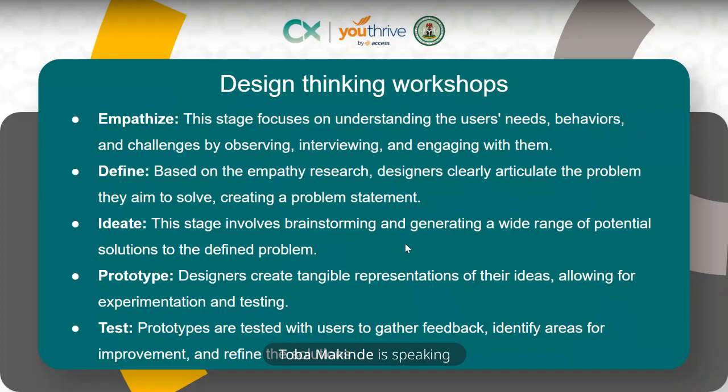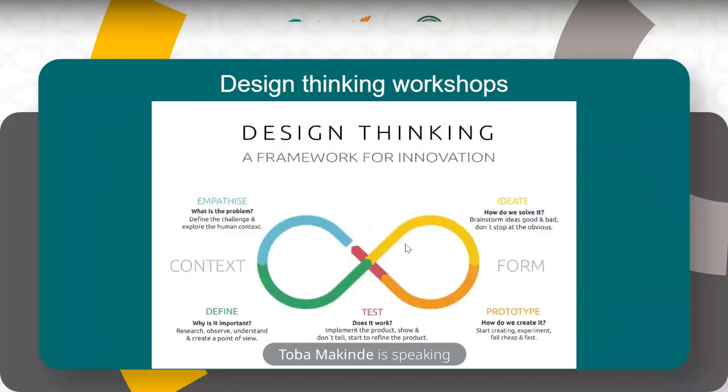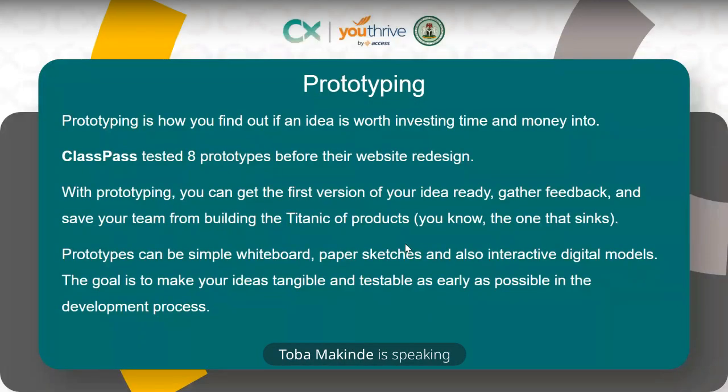There's prototyping, where you are designing a visual representation of the idea, and then the prototype is a very minimum version that you can test with your users to get feedback and also know how to improve and refine the solution. All right, so this is how the loop looks. It's a continuous loop, you keep going like that in product management.